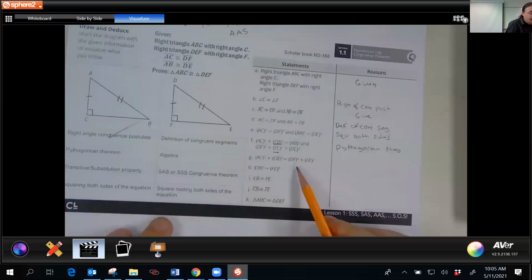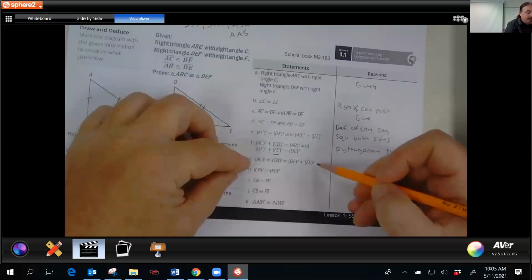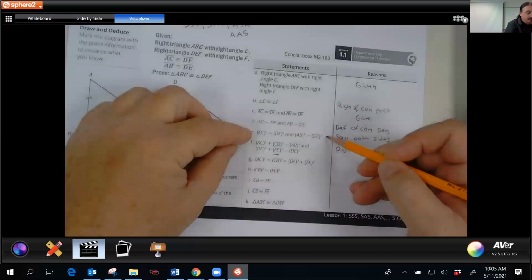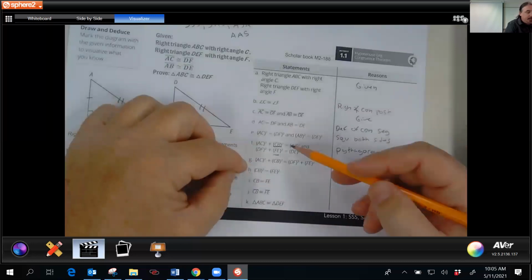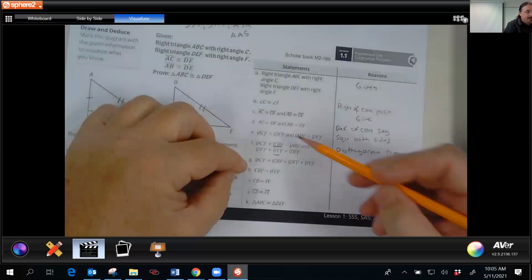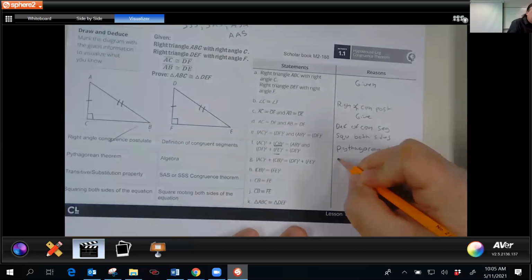All right, and this next one, what changed between the two? Well, we used some substitution. That's what's changed. It's different up here. If you look up here and you look here, we're just replacing some pieces. So I'm going to go ahead and say substitution property.